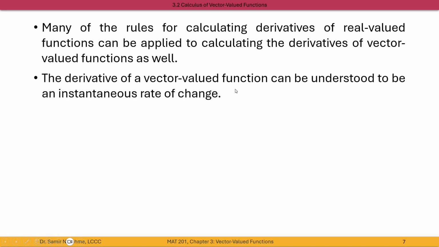The derivative of a vector valued function can be understood to be an instantaneous rate of change, as we saw in the previous slide, that the derivative at a single point will give you the instantaneous rate of change, and the slope of the tangent.